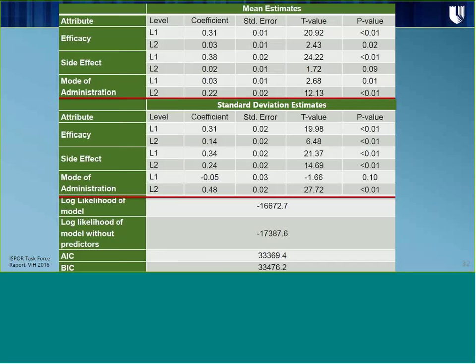This is what typical mixed logit results look like. If you were considering a study evaluating efficacy, side effects, and mode of administration, this is a very simple stylized example. It actually comes from a task force report. You can get parameter estimates, which we call here coefficients.